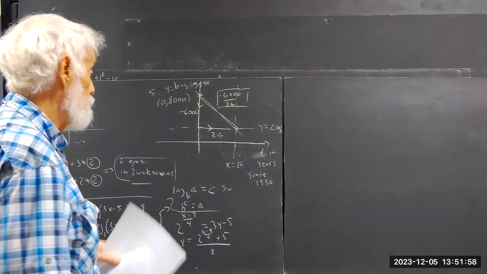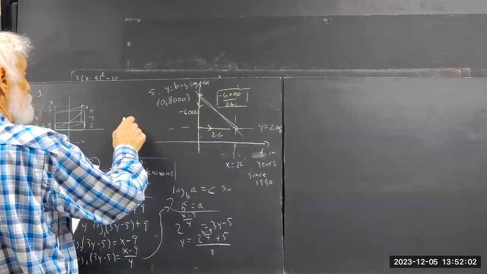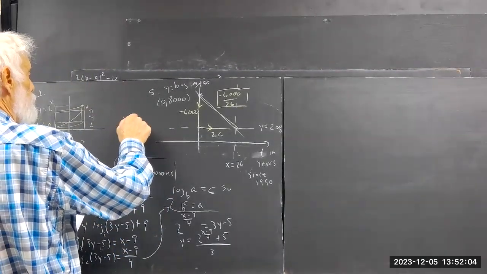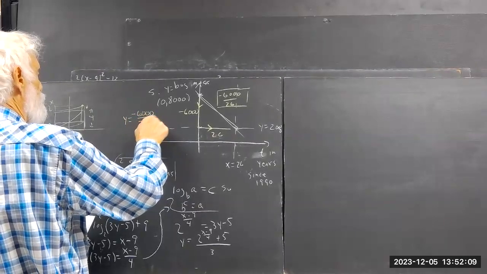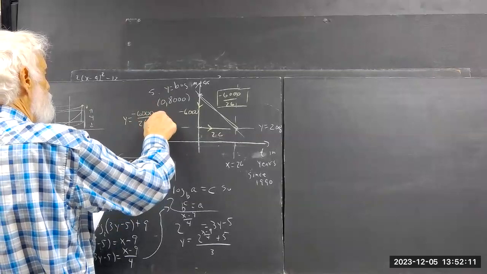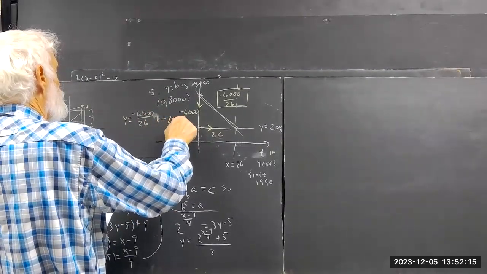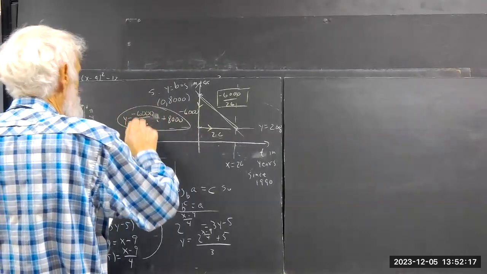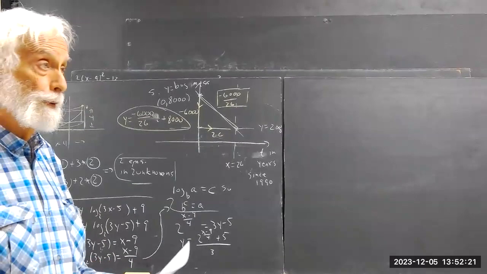And I know my y-intercept. So y equals negative 6,000 over 26 times t plus 8,000. I can reduce that. You can use decimals. And then you can answer questions because you've got a function.